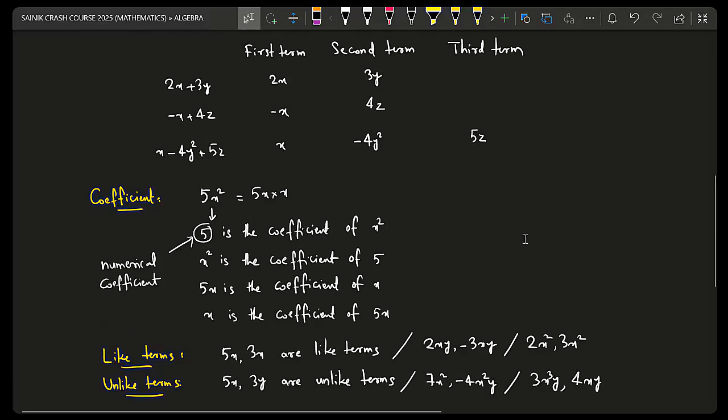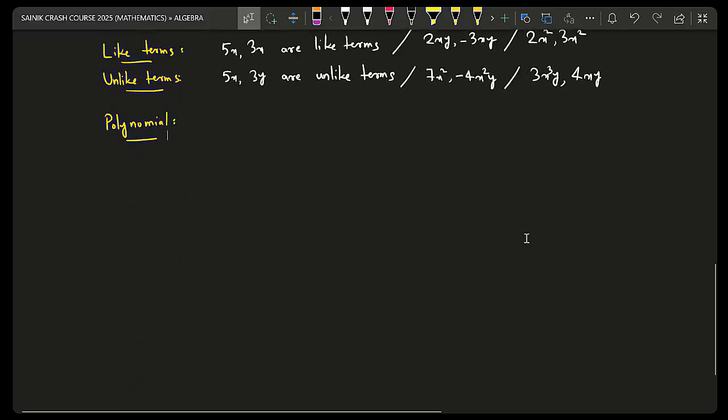Okay, now we'll continue with the polynomial definition. What is a polynomial? It is an algebraic expression in which the variables involved have only non-negative integral powers. So I will write the condition.